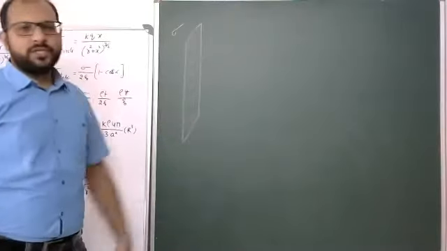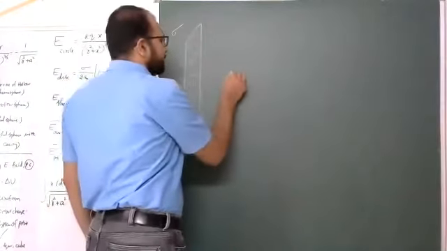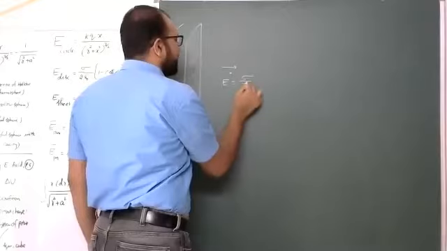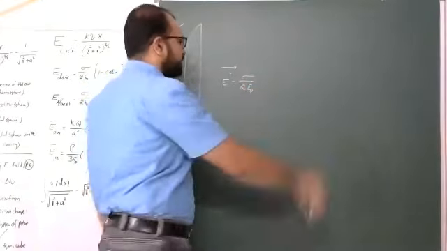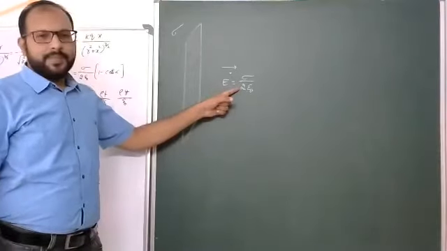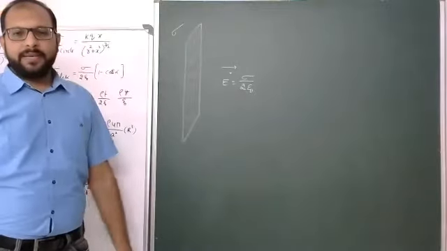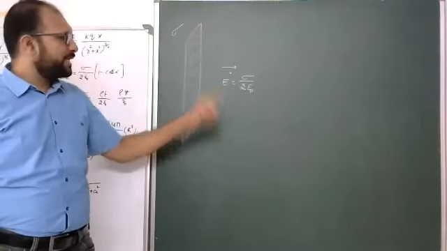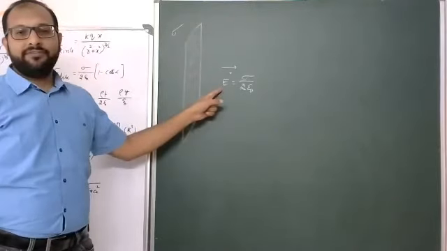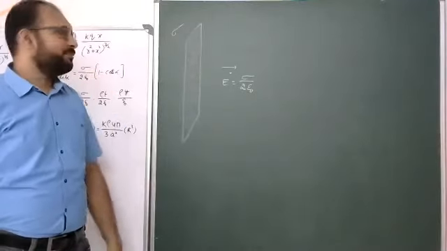All students know from our electric field part number 2 that the electric field equals sigma by 2 epsilon naught. Students, in this equation no distance term is present. That means, tell me, is it a uniform electric field or a non-uniform electric field? Uniform electric field, independent of the location.